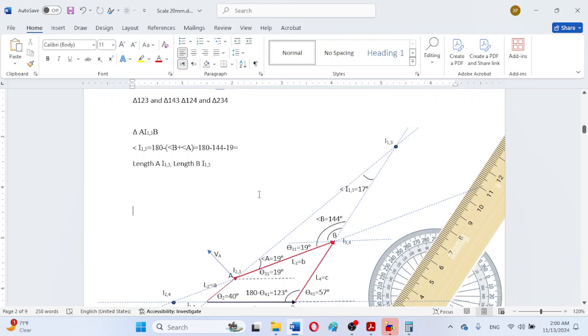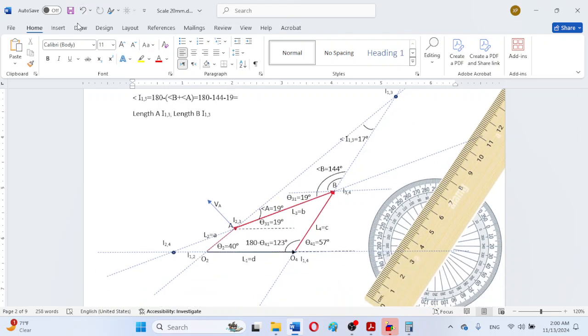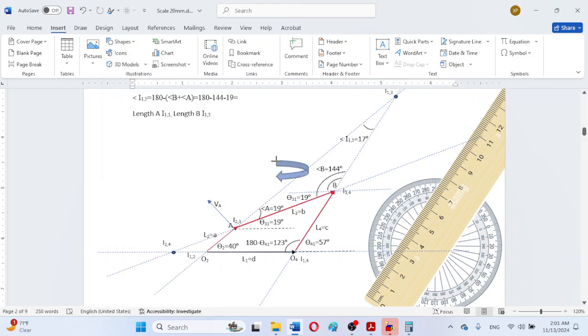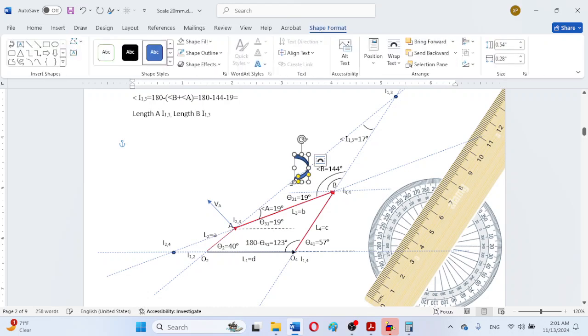So it is making the rotation in this direction, which we can show, for example, with the help of a curved arrow, like this. The direction of rotation is clockwise.